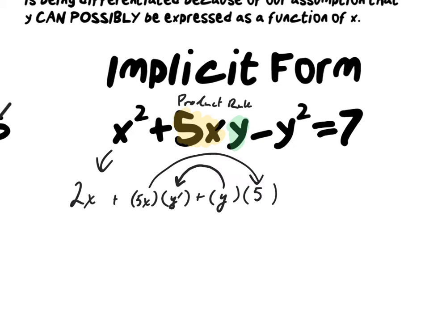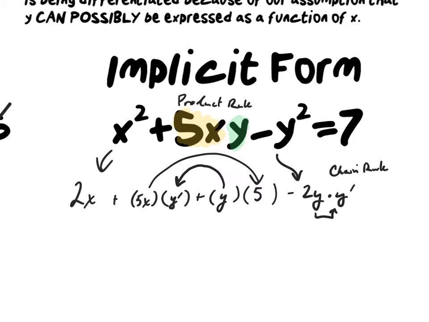Now I can continue to the rest of the problem, which is here. That derivative, I'm using a power rule, so that gives me a 2y. But remember, because that y is sitting there, I do need to know what the derivative of y is, which is y prime. And we call that a chain rule. So it's like you link your derivative to the variable that you're taking derivative of.